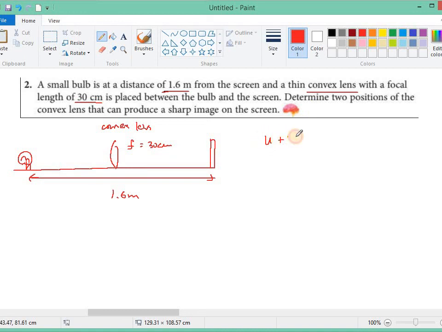Within this 1.6 meter we need to determine two positions where we can put the convex lens in order to produce a sharp image on the screen.